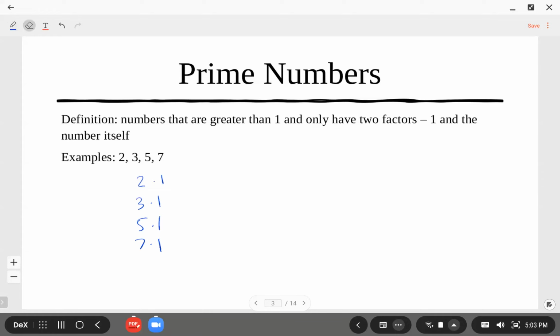Now that I've gone over the definition, please try to think of some prime numbers of your own, okay? Please come up with a set of 3 prime numbers.